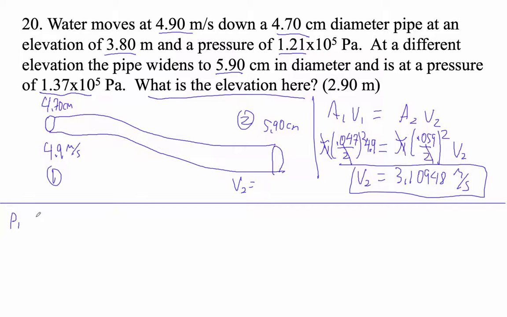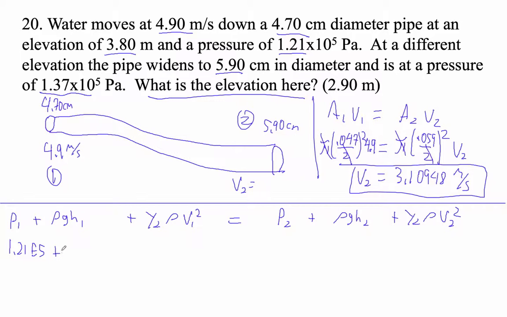So pressure 1 plus rho GH1 plus 1/2 rho V1 squared equals pressure 2 plus rho GH2 plus 1/2 rho V2 squared. Okay. Our pressure 1 is 1.21 E5 plus, do we know the elevation?